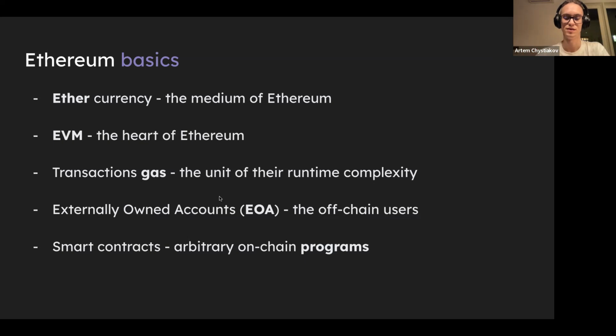But if you're specifying a tip for the miner, this tip will go to the validator that builds the block and includes your transaction into the block. And this tip is a purely auction-based thing, like it was before.